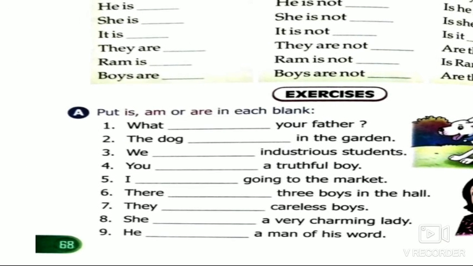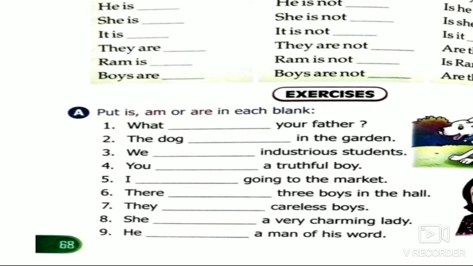Number 1, it is written what. You change that what into who. Who is your father? Number 2, the dog. Dog is singular. You will use is. The dog is in the garden. Number 3, we. We is plural, so you should use are. We are industrious students.